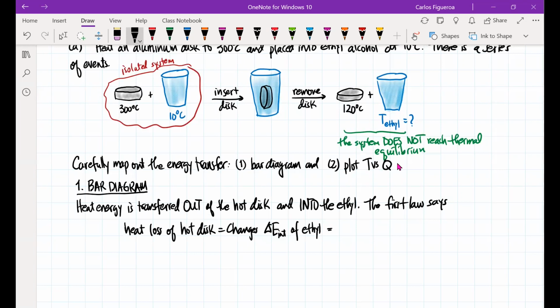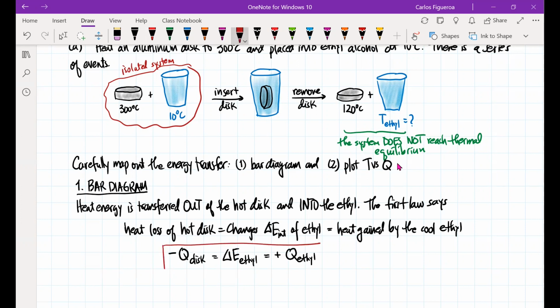And so this is the heat gained by the cool ethyl alcohol. If I start to map this out, there's a heat loss due to the hot disk. All of that changes the internal energy of the ethyl, and the way we visualize it is that there's a change in the heat transfer of the ethyl alcohol.